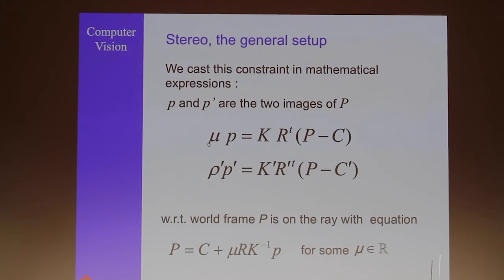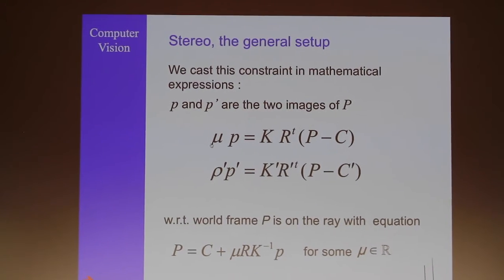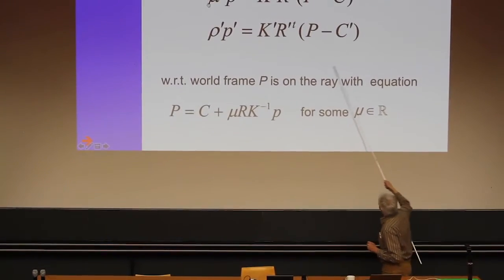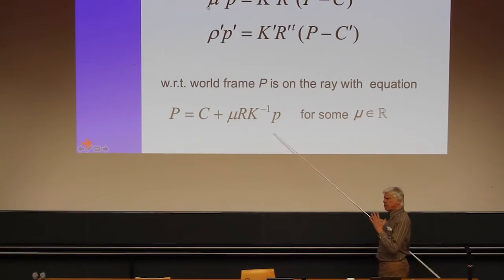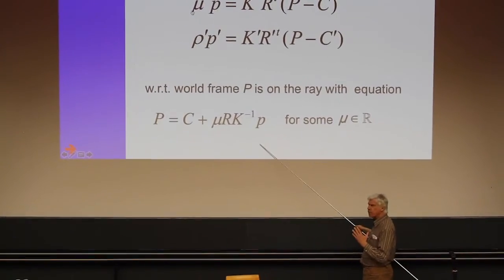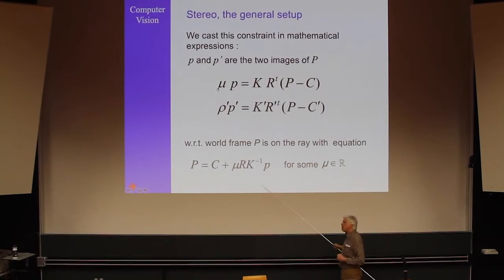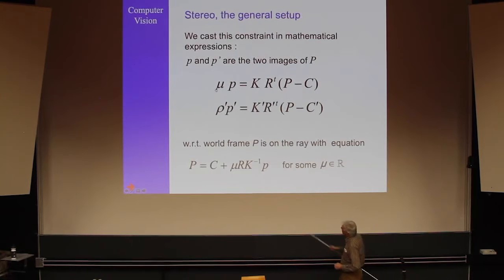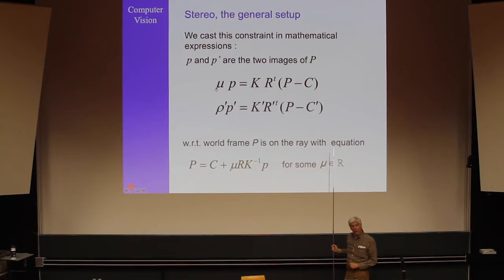Now the question is, where does the second camera see that line? We plug all these points into the projection equation for the second camera. We want to know where all the points along the projection ray of the first camera are seen by the second camera. That is the epipolar line for point p in the second view. So we plug this into the projection equation and see what happens.